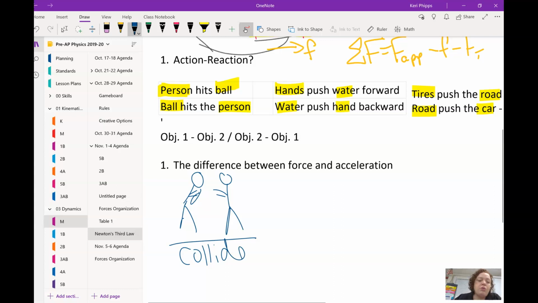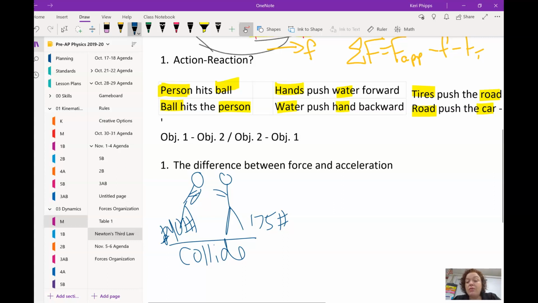Okay, say if this one is 240 pounds, and this one is 175 pounds, who hits who harder? The 240-pound guy or the 175-pound guy? Think about it. Which of you said 240 pounds? You were wrong.